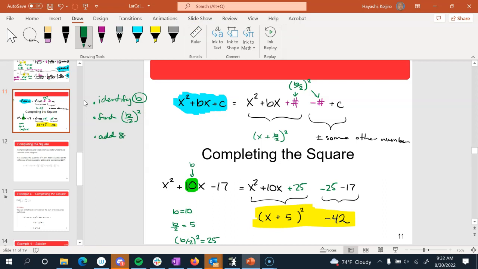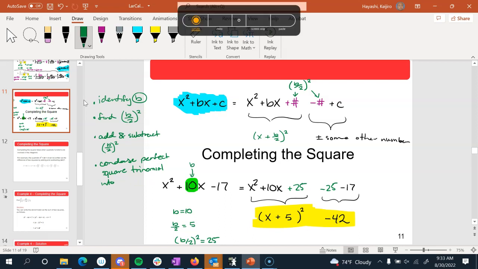Add and subtract b over 2 squared. And then condense the resulting perfect square trinomial into x plus b over 2, all squared.